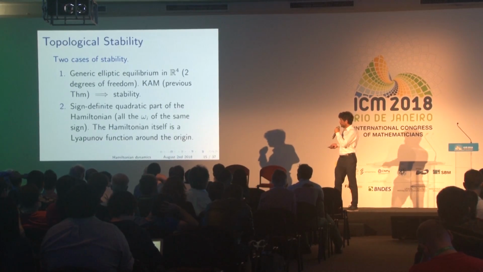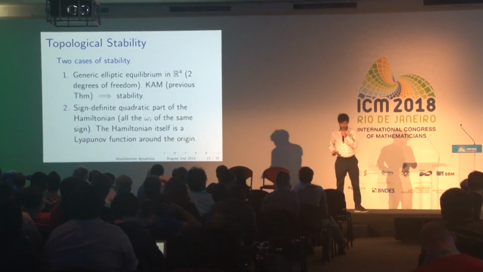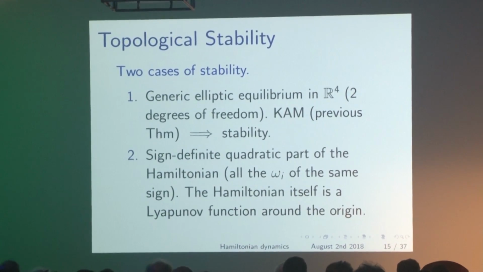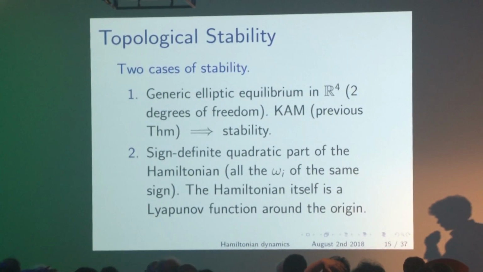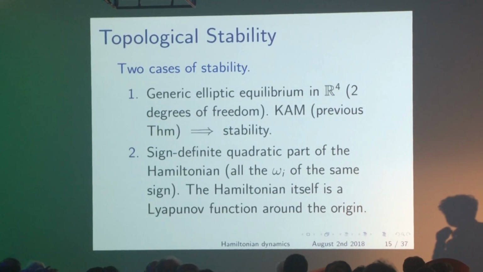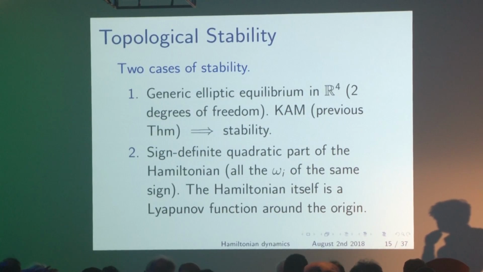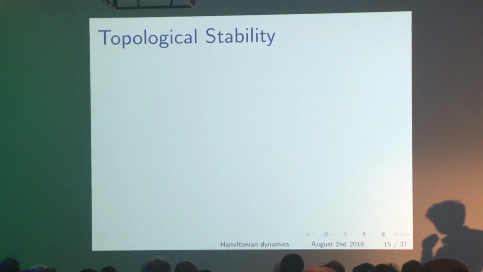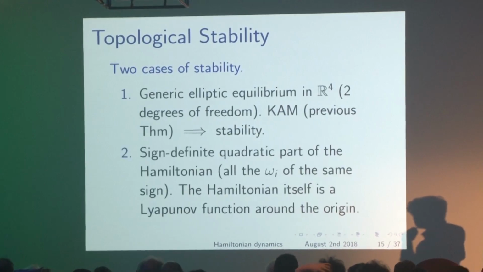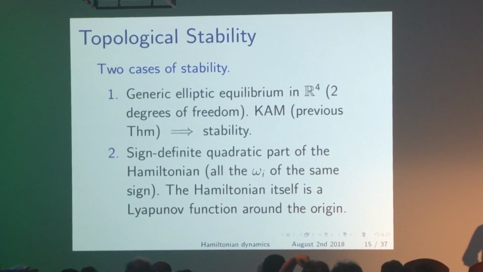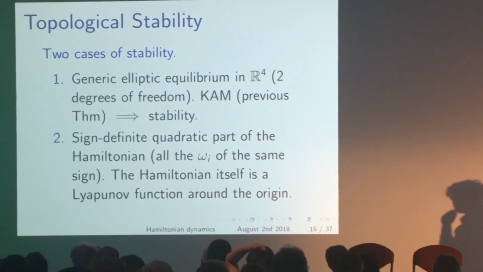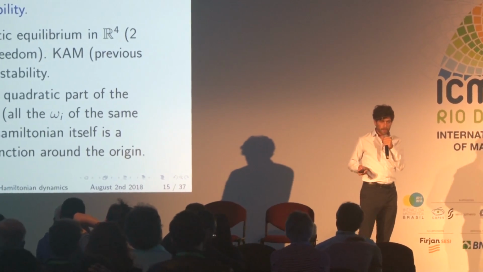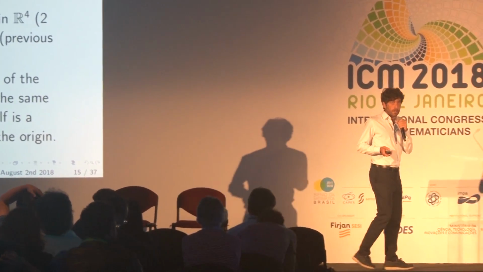The other case is the obvious one when the Birkhoff normal form is, when the omega i's in the definition of the elliptic point are all of the same sign, then the Hamiltonian acts like a Lyapunov function and the equilibrium is stable.